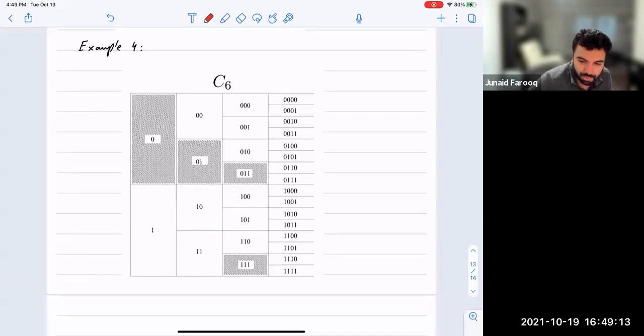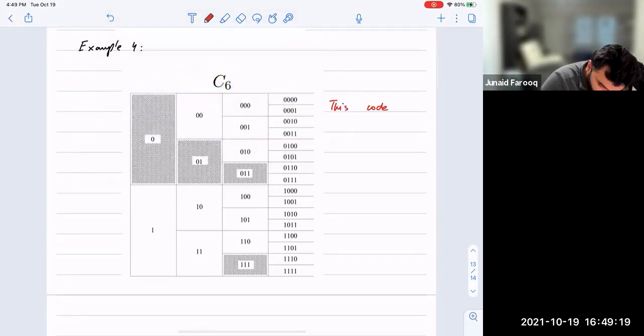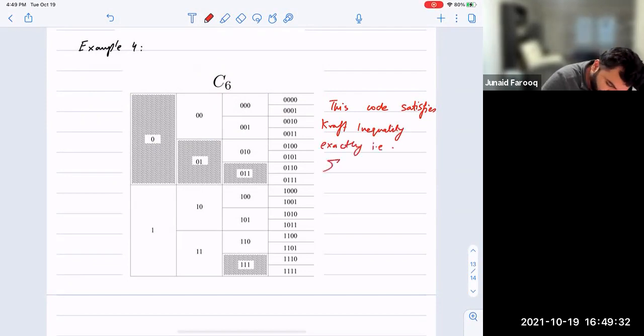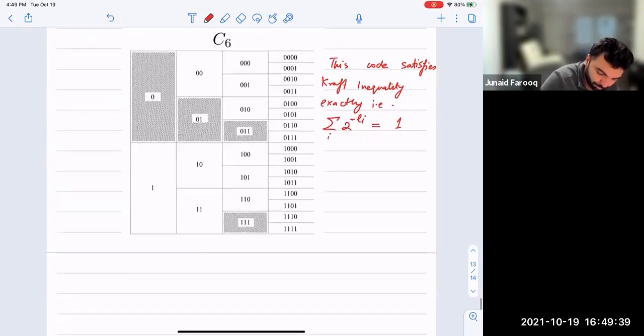So that's good. But you see that this Kraft inequality, you've seen a counterexample here. So even though this code satisfies Kraft inequality exactly, that is summation 2 to the minus li equals 1, this is not a prefix code.